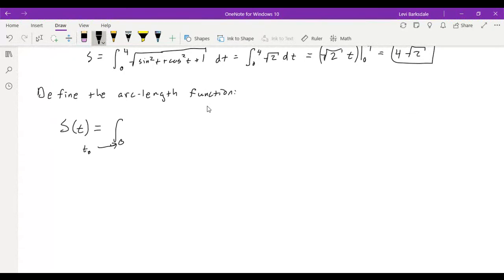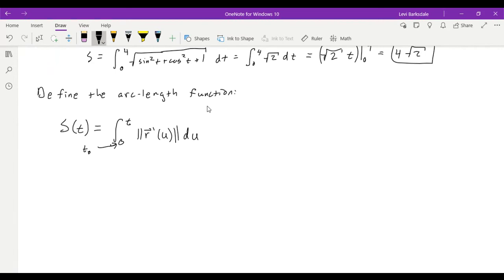That could be 7 or negative 10. Basically any number, it's just commonly 0, to some value t. T is your variable here. And then it's simply the arc length of your function. Of course, we can't have t as both a limit of integration and in the integrand, so we have to replace the integrand variables with u's. But this is how the arc length function is defined.